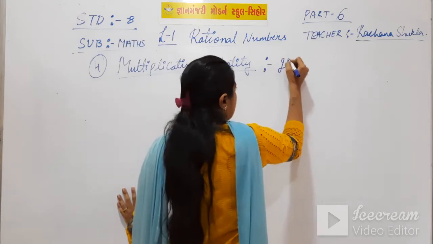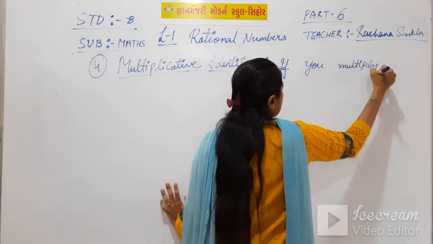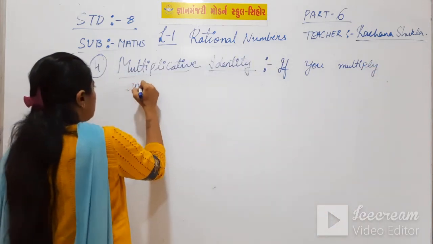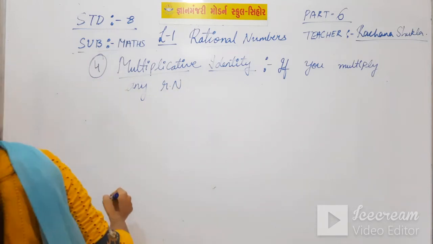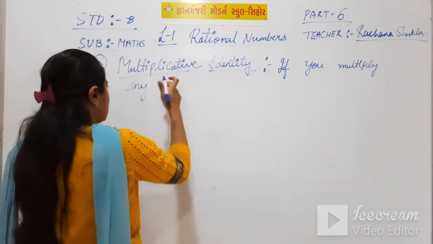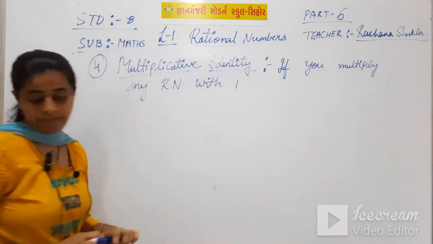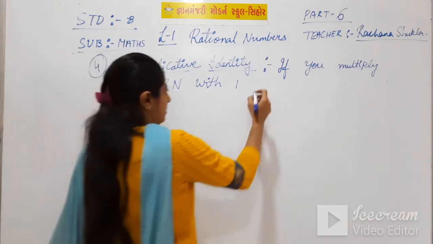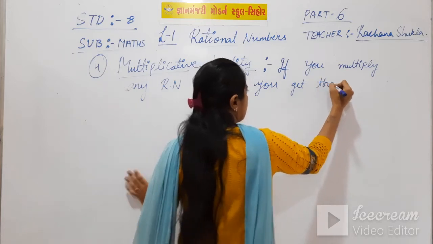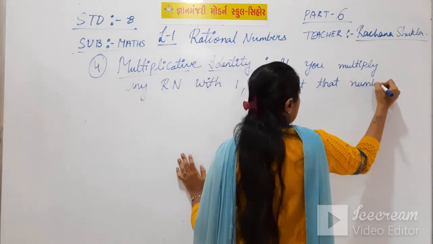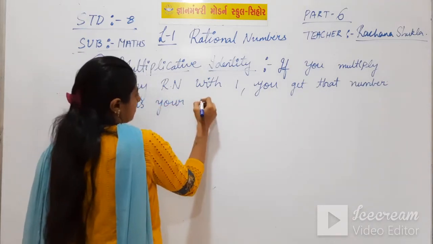In multiplicative identity, if you multiply any rational number with 1, you get that number as your answer.